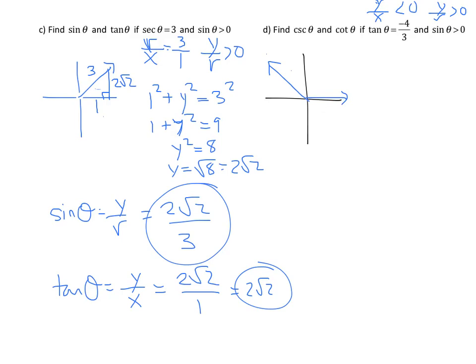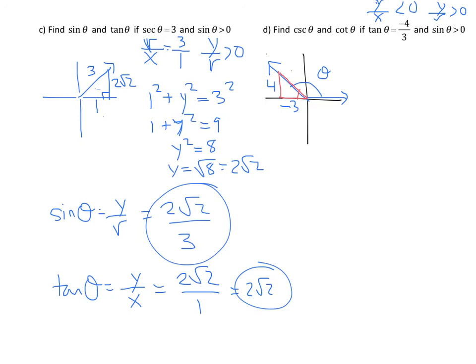And there's theta, but again, remember that we're using the reference angle to draw our triangle. So if tangent theta is negative 4 over 3, that negative sign really belongs with the x. So negative 3, here the y is 4.